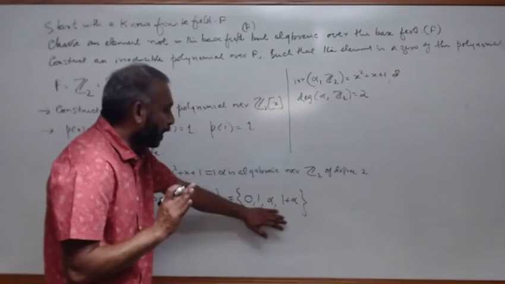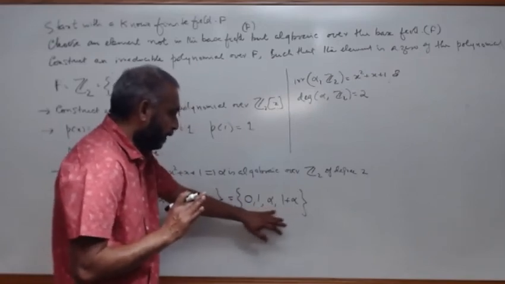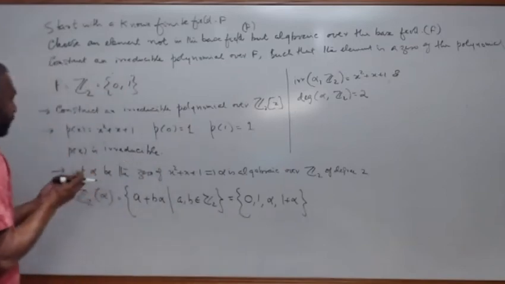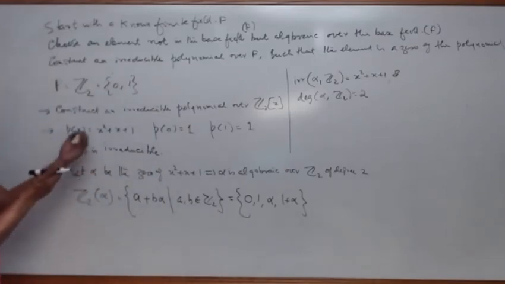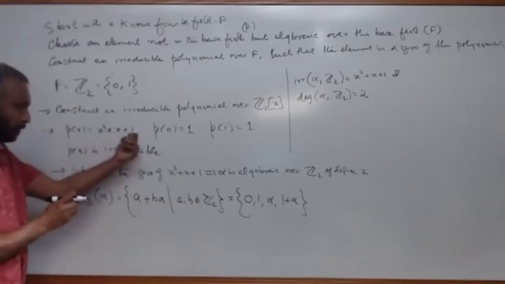What do you know about alpha? All we know about alpha is that it is an element that is a 0 of this polynomial over Z2[x].